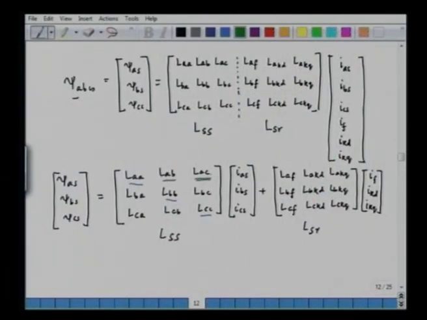Now, this represents the mutual inductance between the two phases, the mutual between phase A and B, the mutual inductance between phase A and C, and so on. So, we will first consider the self inductance terms, and then we will talk about the mutual inductance terms, which mean the coupling between two stator phases of the synchronous motor.